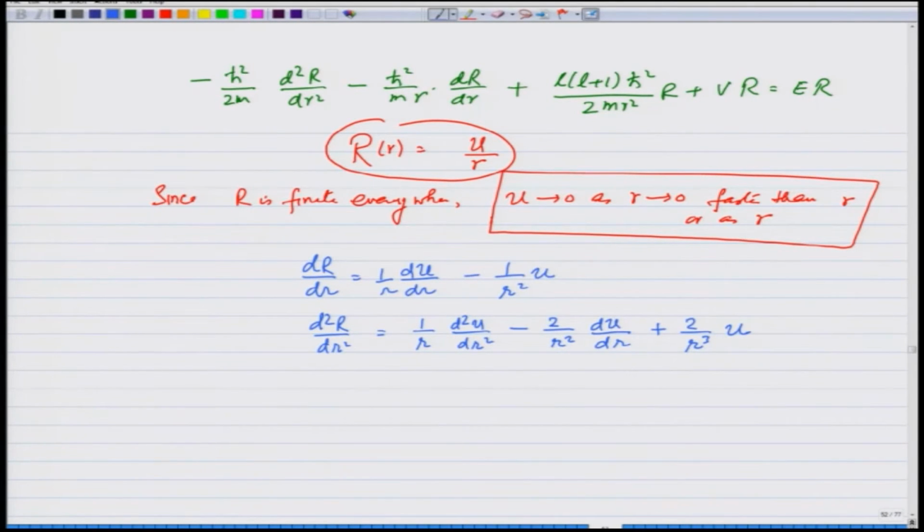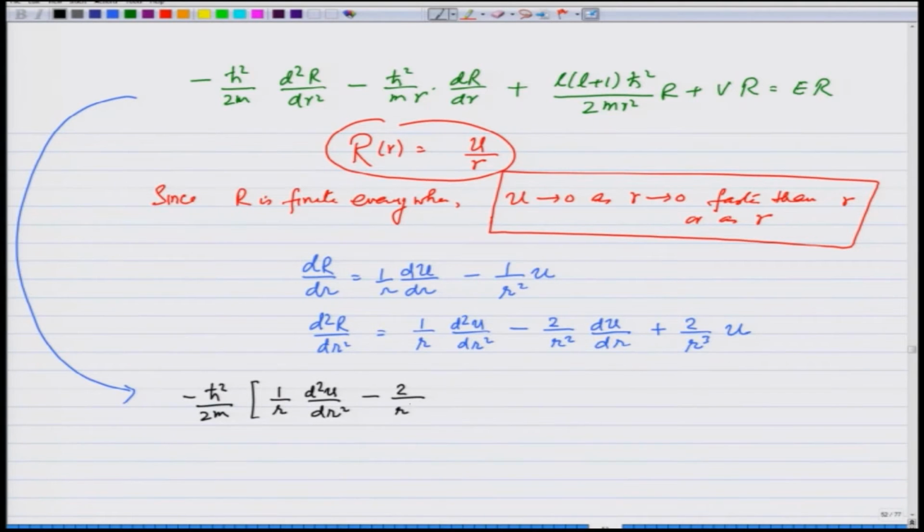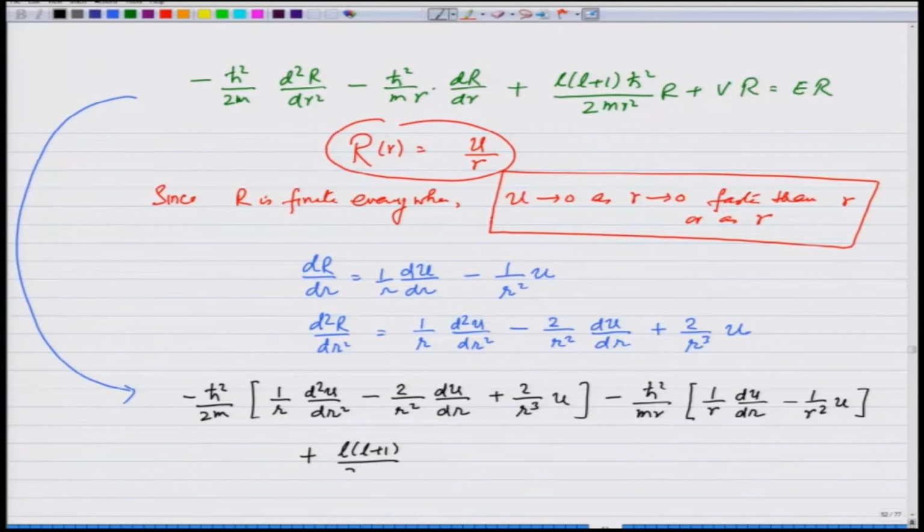Let us now substitute this in the Schrodinger equation and get minus ħ² over 2m, substitute for this 1 over r d²u over dr² minus 2 over r² du over dr plus 2 over r³ u, minus ħ² over mr, in the bracket I get 1 over r du over dr minus 1 over r² u, then I get plus l(l+1)ħ² over 2mr³ u plus V(r) u over r equals E u over r.